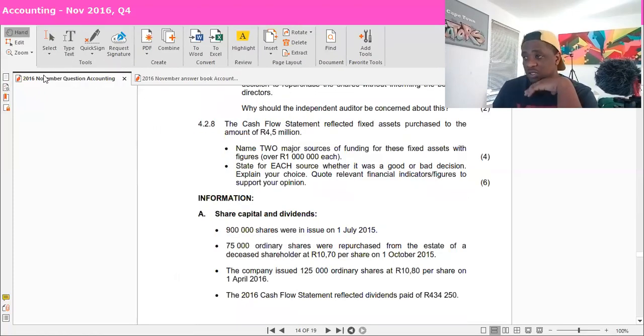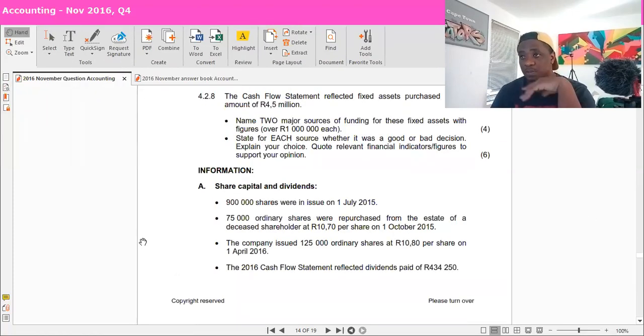They say the 2016 cash flow statement reflected dividends paid of 434,250. But we're doing the balance sheet here, so we're not just looking at the amount that is paid for dividends. Normally, dividends are declared at the end of the year and then paid in the following year.